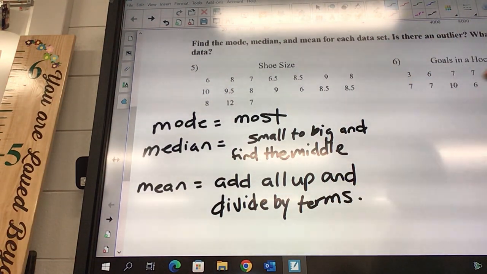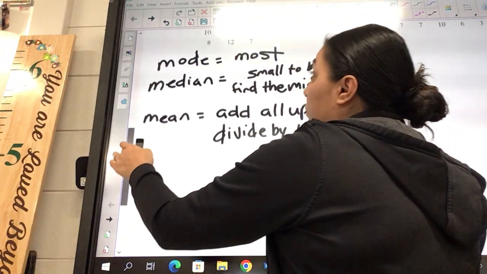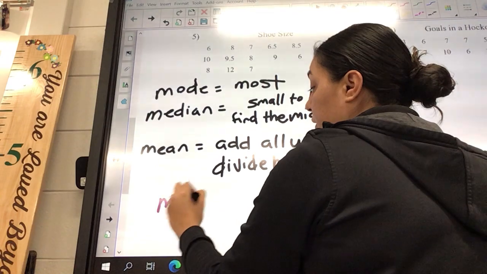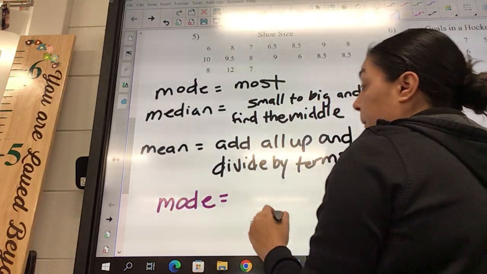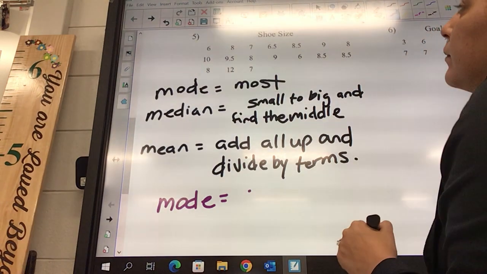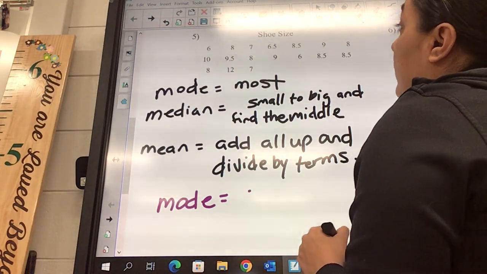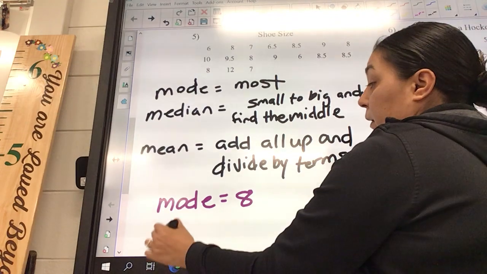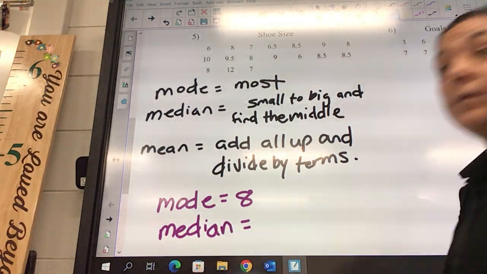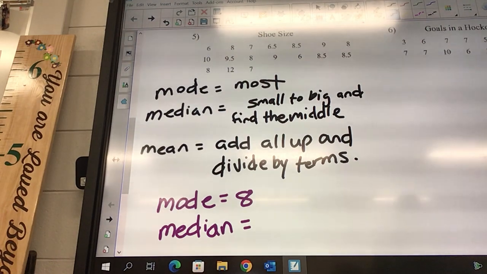Okay, so if we look at 5, what is the mode in general? Okay, so what is this mode in particular? 8.5. Somebody agree? No, 8. 8 occurs 4 times. 8.5 is 3. Okay. Median. What is the median?